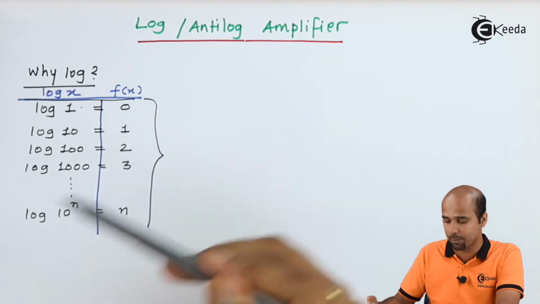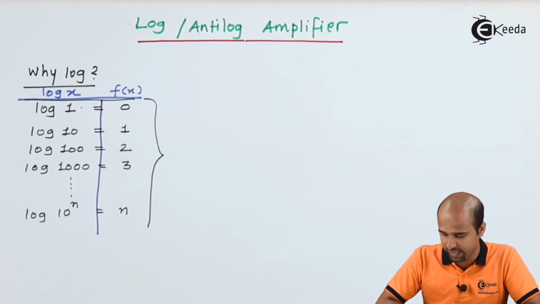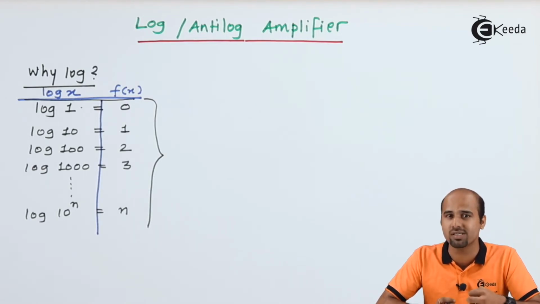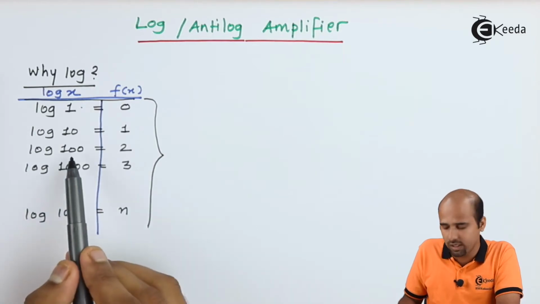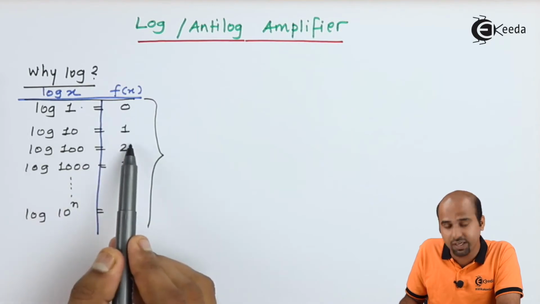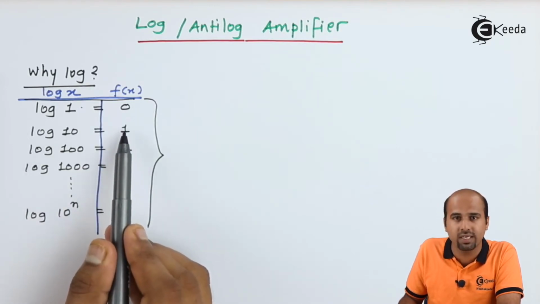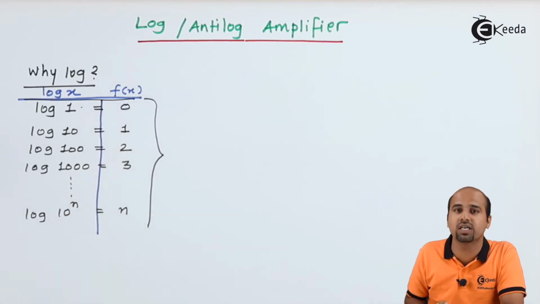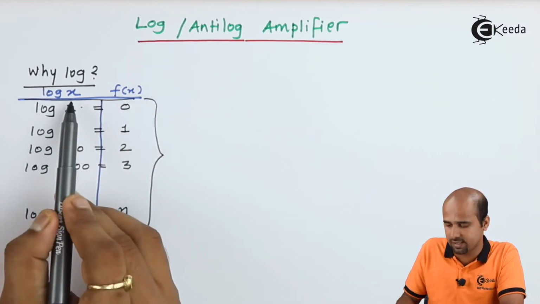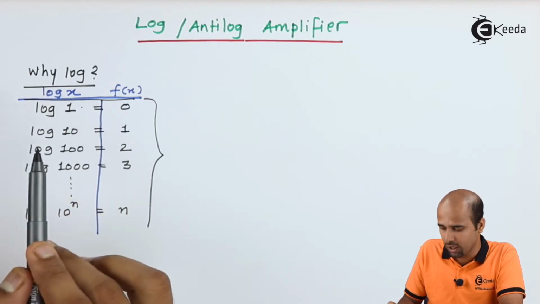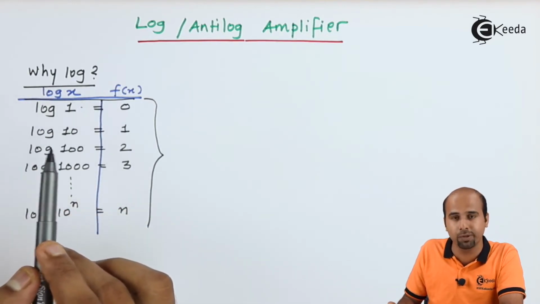That means I am compressing the value x, which is 10 minus 1 equal to 9, as 1 minus 0 equal to 1. Similarly, 100 minus 10 is 90, and this 90 is getting converted into 2 minus 1 equal to 1. That means this f(x) is actually a compressed version of x, and that is done by the log function. Understood what I am trying to say?